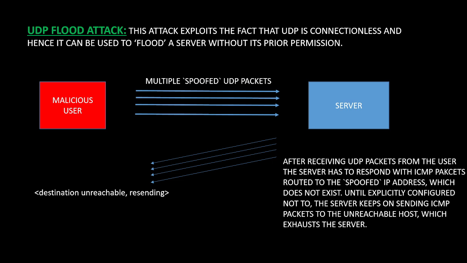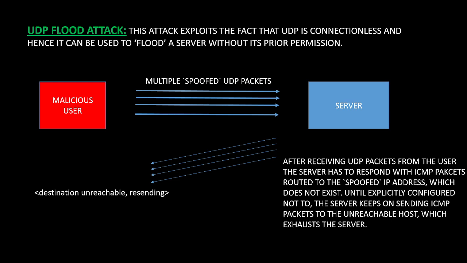Even if the host is unreachable and would never be up in 1,000 years, it would still keep on sending those ICMP packets. So the server responds with ICMP packets routed to the spoofed IP address, which does not exist. Until explicitly configured not to, the server keeps on sending ICMP packets to the unreachable host, which exhausts the server.